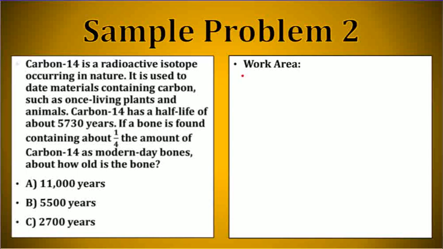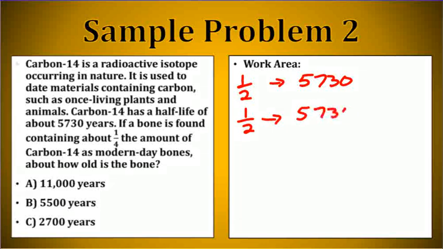So we'll set it up this way. Half-life of carbon-14 would give us 5,730 years. If I do another half-life, that will still give me another 5,730 years. If I were to combine these, 1/2 of 1/2 is 1/4.